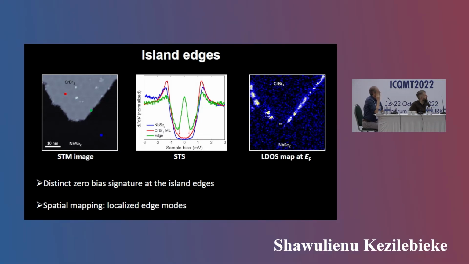We can also look at how these states vary in space, and this is the zero bias conductance map. As you can see, these states are really localized only at the edge of the sample, and this is a very nice indication that these states are probably topological. This system is probably a topological system.